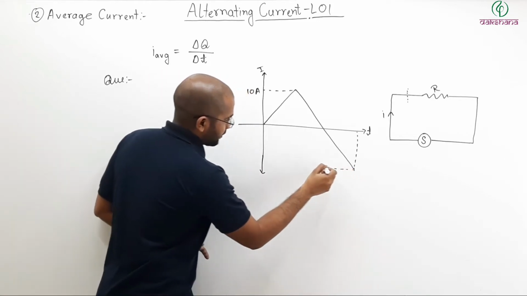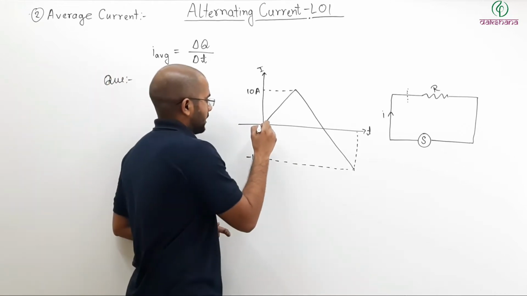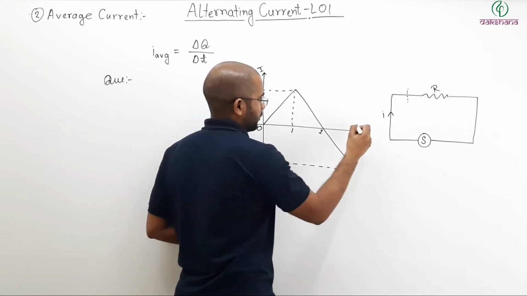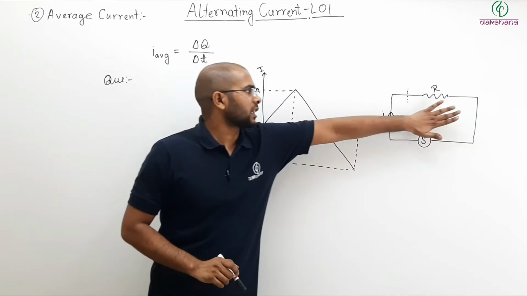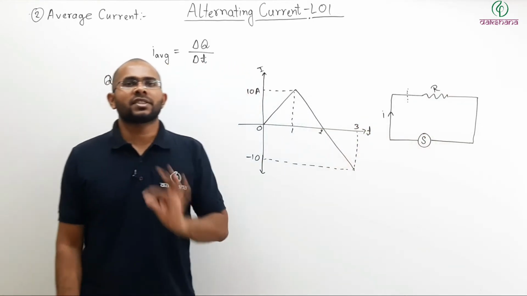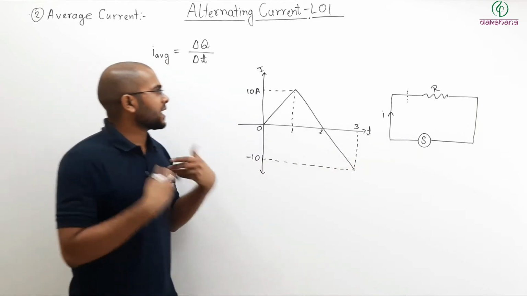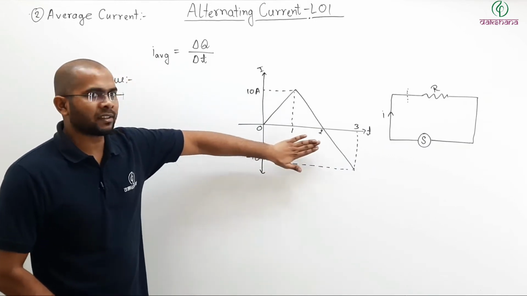This is your minus 10. That is 0, 1, 2, 3. So for example, for the given circuit, if I try to plot the current versus time graph, now what kind of power sources, that we are not concerned with. So if I try to draw the graph of current versus time, the graph looks something like this.